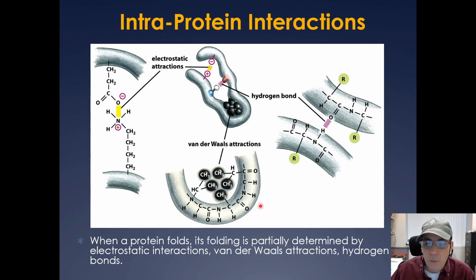So when a protein folds, not only does the steric hindrance of the amino acid side chains come into play, but also the electrostatic interactions between those side chains, the van der Waals attractions, and also the hydrogen bonding.